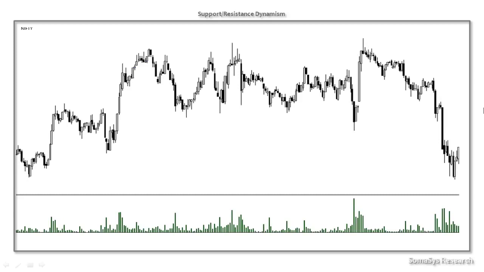Now we'll just discuss this support and resistance dynamism. This dynamism of a support turning into resistance and vice versa is interesting. Though we have very briefly discussed it earlier, let's do it again. A support can turn into resistance and vice versa. Classically, a support takes place at previous established lows and a resistance is encountered at previous highs.